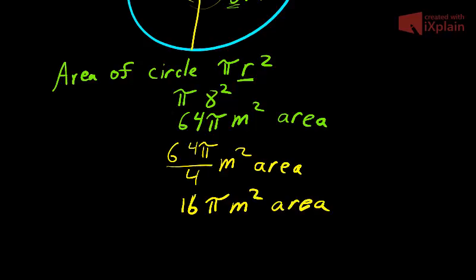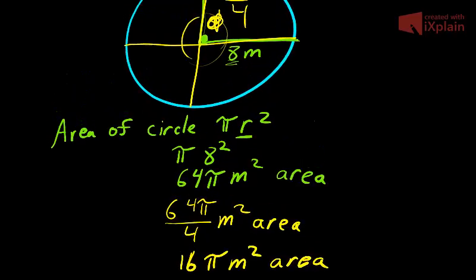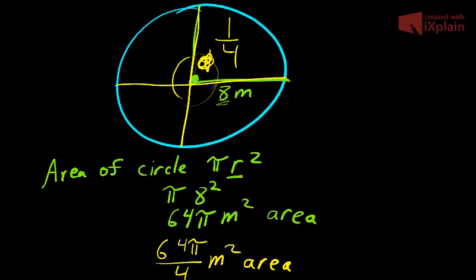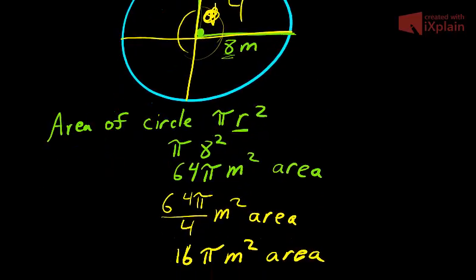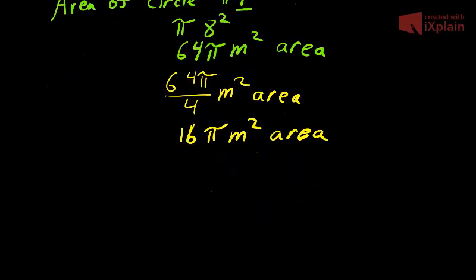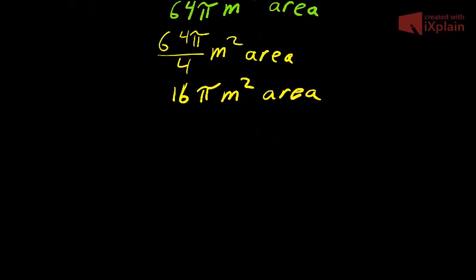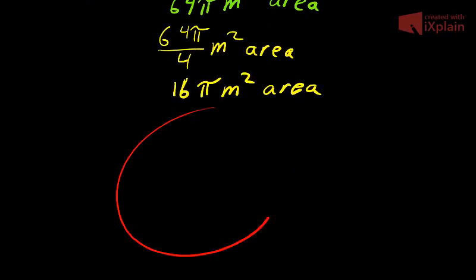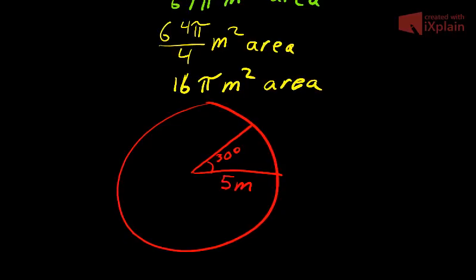But sometimes we won't be lucky enough to have a section where it's obviously 1/4. Sometimes we'll have something different, so I'm going to show you one of those. If I have a circle and I'm trying to find the area of this part here, which is 30 degrees, and I have a 5-meter radius again.